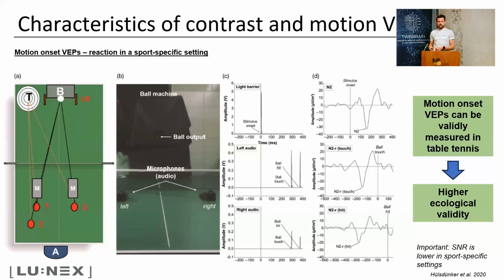We had the reaction time in the lab experiment, pressing a button, and the reaction time in the field experiment, moving the racket, because the ball was very fast. And we correlated that as well, and there was also a correlation for the reaction time. So the athletes who reacted fast in the lab experiment, button press, were also the athletes who reacted fast in the field experiment, so moving the racket.